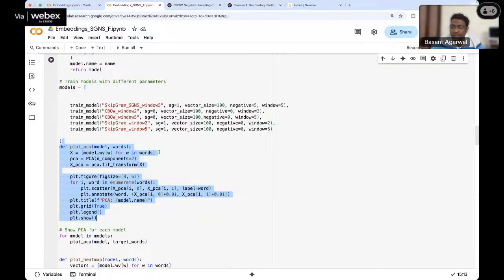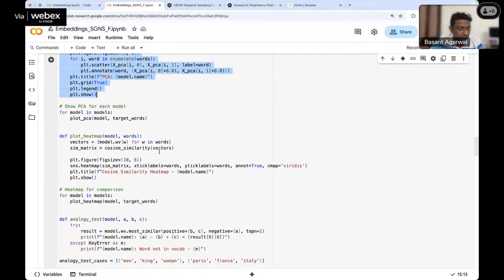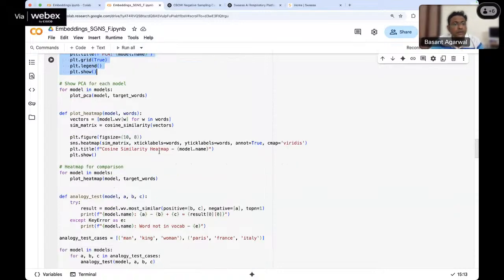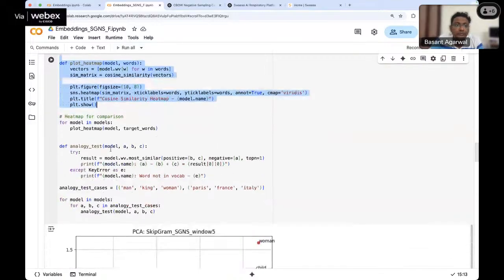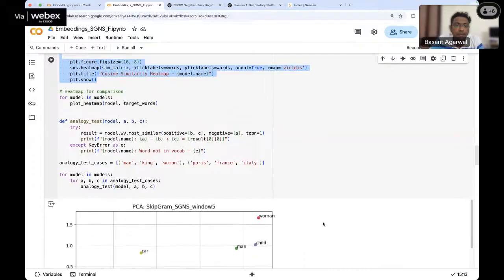Sometimes by doing this some information might be lost, but this transformation gives a very good idea of what kind of semantic relationships are present in the embeddings which we have learned. And I also plotted the heat map for the cosine similarity of different words. Now let's see the results.